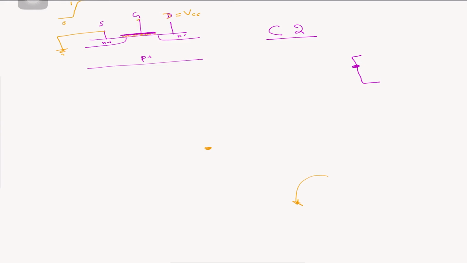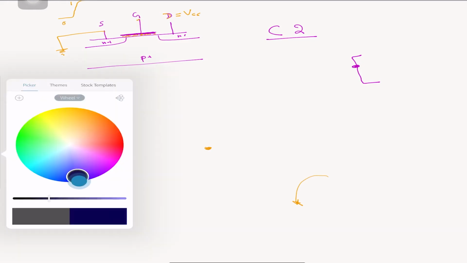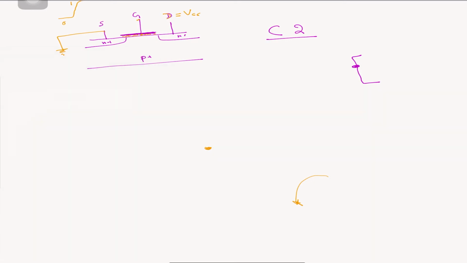Okay, no current flowing through this channel area. Okay, as soon as we keep increasing the gate voltage and it reaches a point which we call the threshold voltage, this channel starts forming over here.